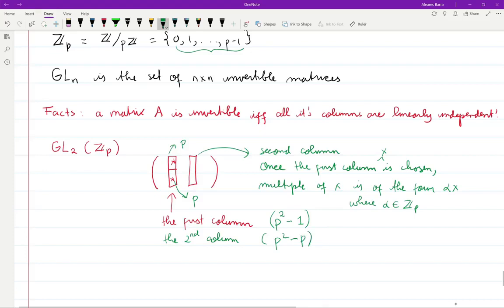Therefore, the cardinality of GL2(Zp) is exactly (p squared minus 1) times (p squared minus p). From this you probably know how to extend the argument for the general case for GLn.